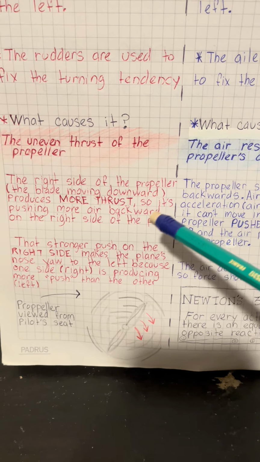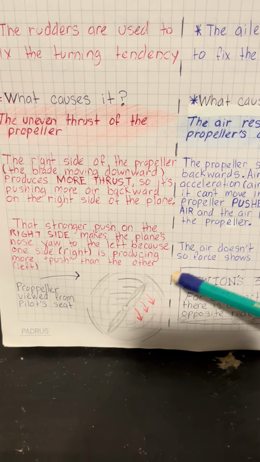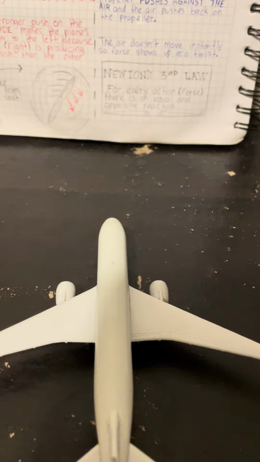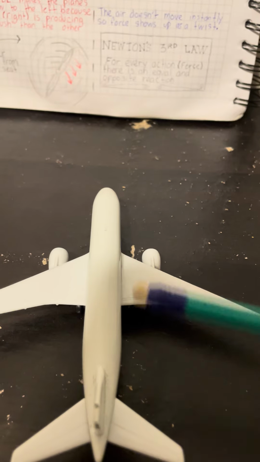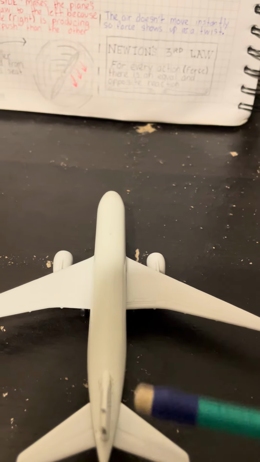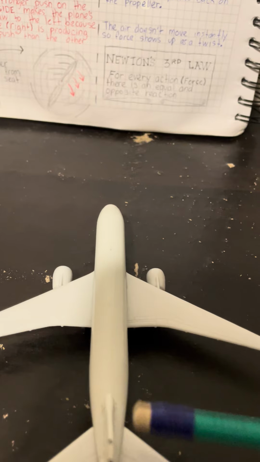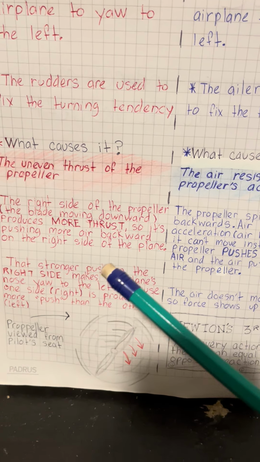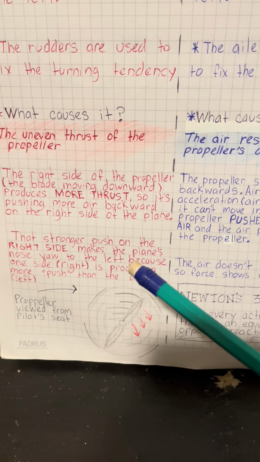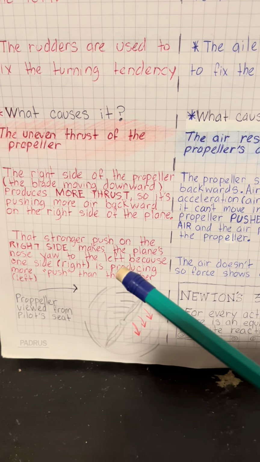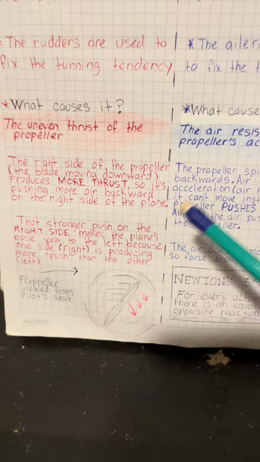So it's pushing more air backward, meaning, I'm being very specific, behind the plane. So this side is receiving more thrust on the right side of the plane. The stronger push on the right side makes the plane's nose yaw to the left.